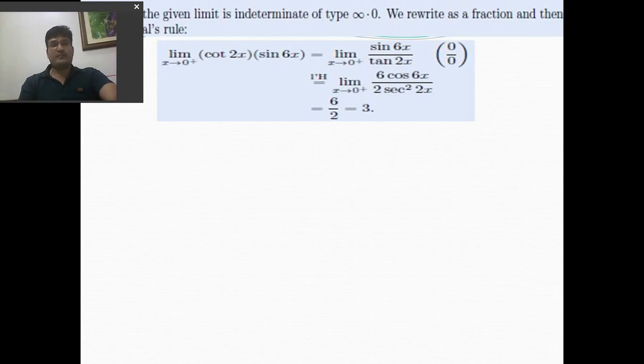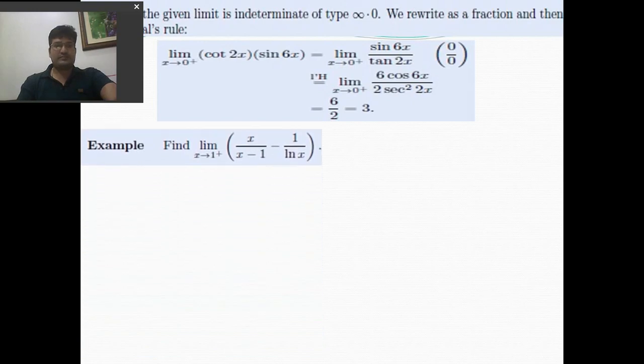So we obtain a finite value after applying L'Hopital rule. So students, you can see very easily this question was in the form of infinity into 0, and we couldn't apply the L'Hopital rule at that time, but we converted this question into 0 by 0 form, applied the L'Hopital rule and solved accordingly, and we obtained the finite value 3.